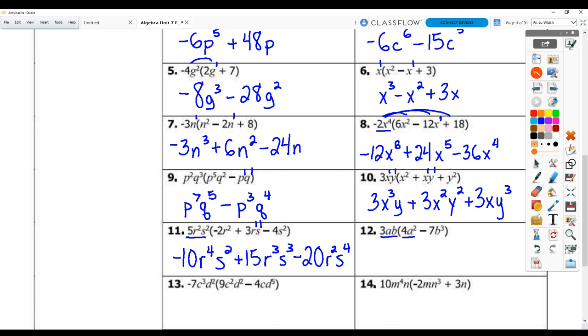3ab times 4a squared. 3 times 4 is 12. A to the 1st times a squared is a to the 3rd. And then the b. 3 times minus 7 is minus 21. Bring over the a, because he has no 1 to multiply to. And b to the 1st times b to the 3rd is b to the 4th.